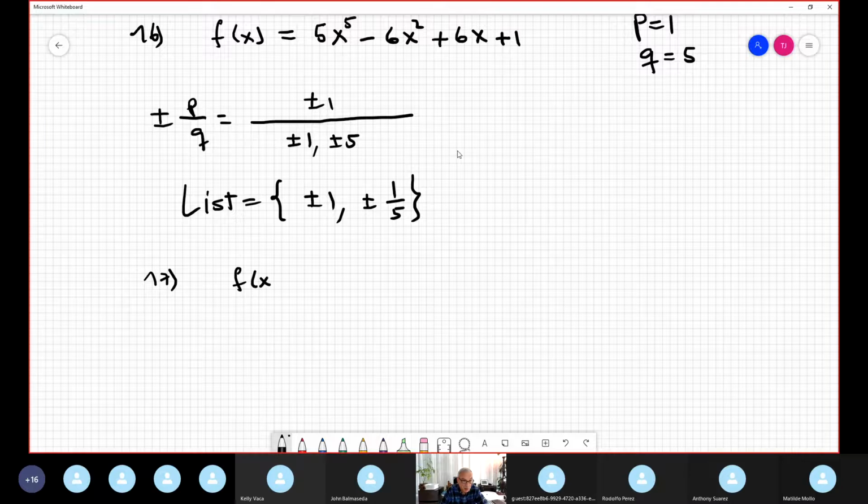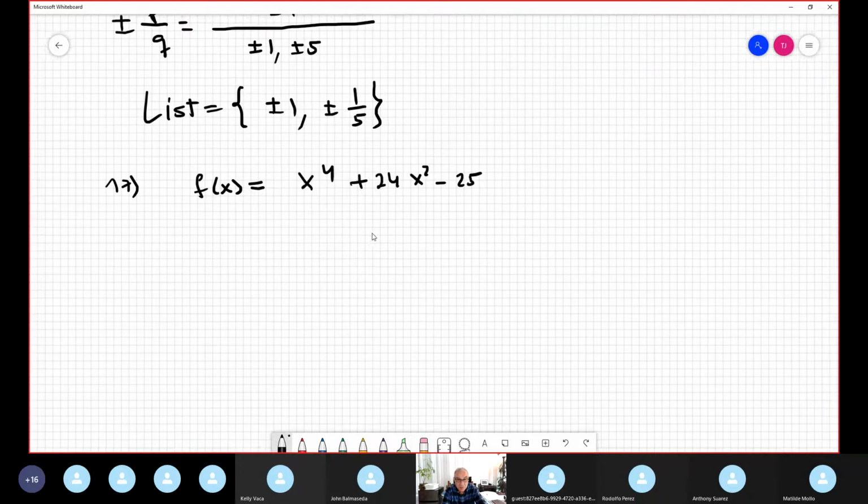17 is f of x equals x to the 4th power plus 24x to the 2nd power minus 25. Okay, let's do exactly the same, listing the potential rational zeros in this polynomial.